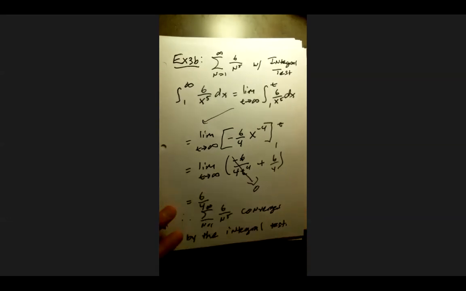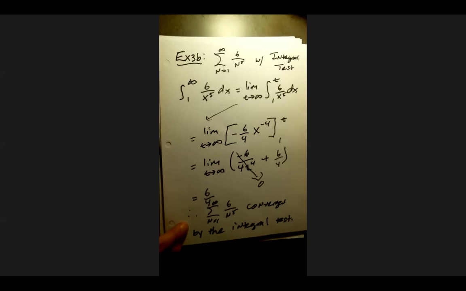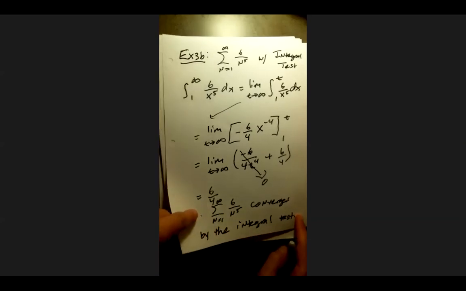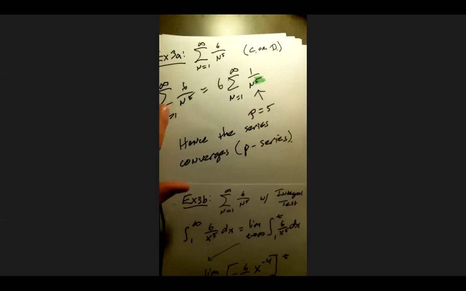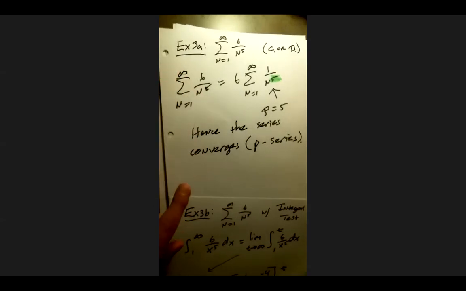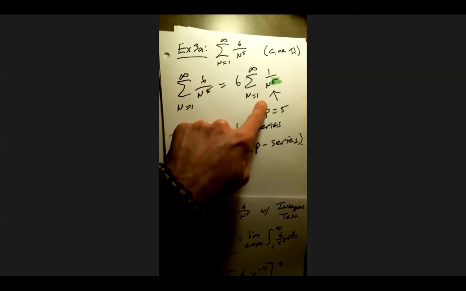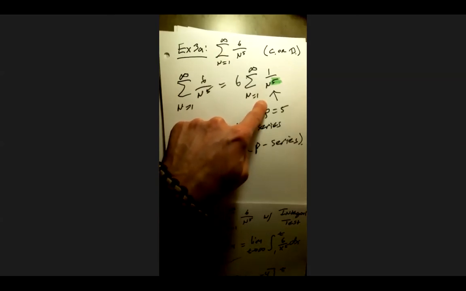Okay, so the p series is coming out of the integral test. It's just sort of a generalization of what we just showed. If you compare the two strategies, when we use the p series directly, we know the answer to the question, no work required, just write down the answer.